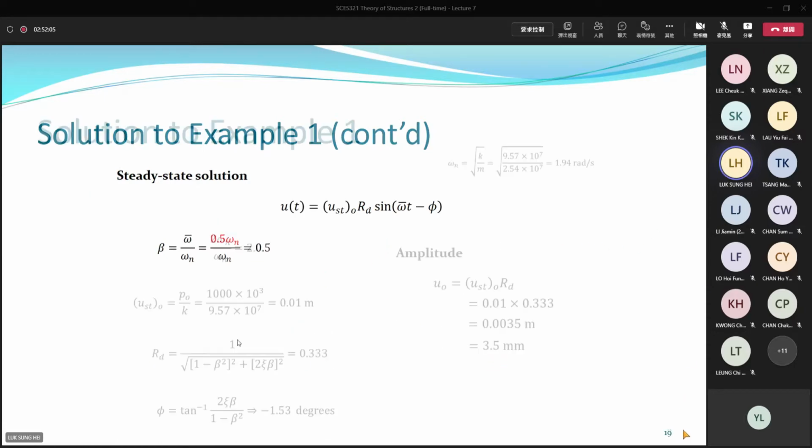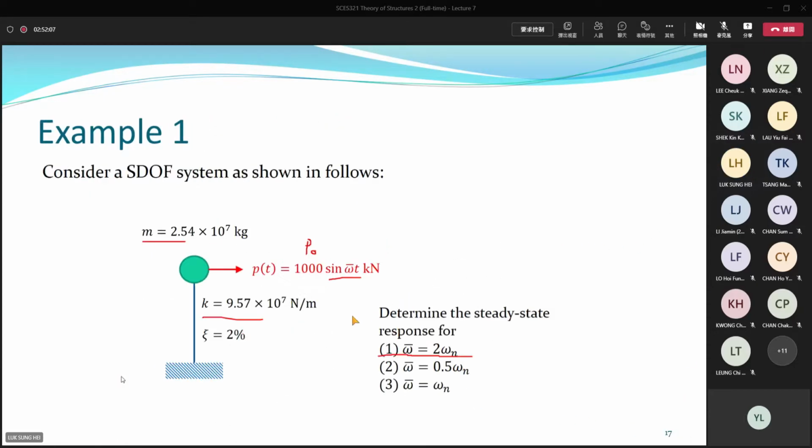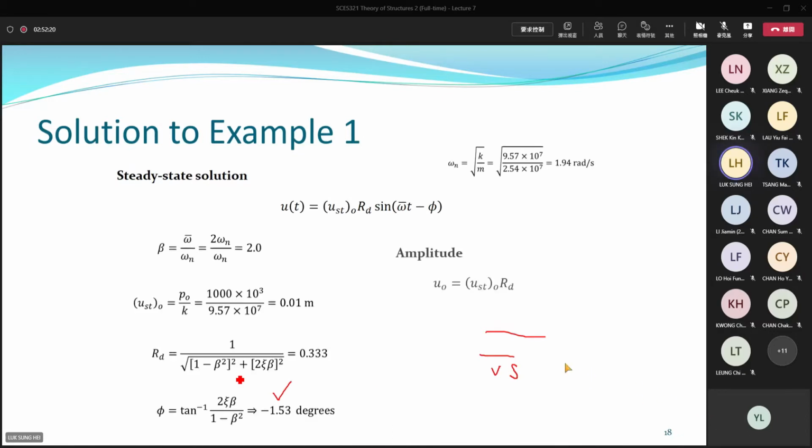Our damping ratio is 2%, so we have a large amplification factor at resonance. The higher the damping, the lower the amplification factor, as we discussed before using a graph.